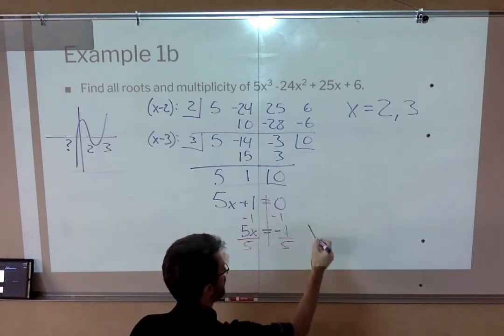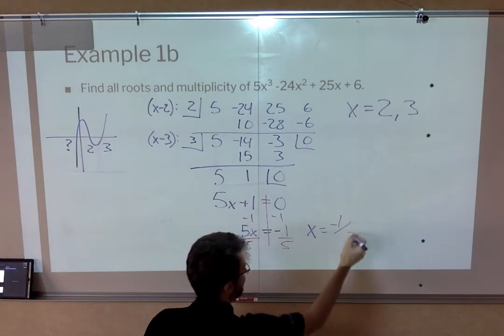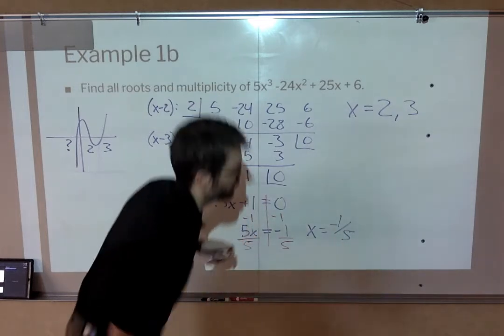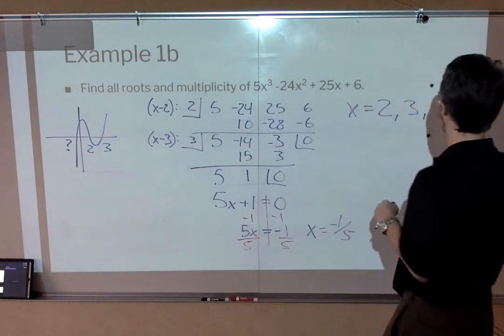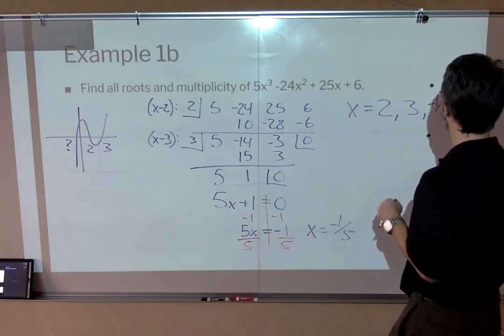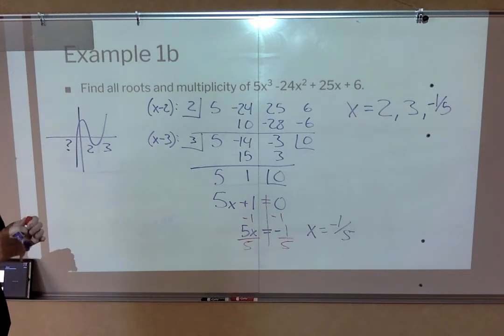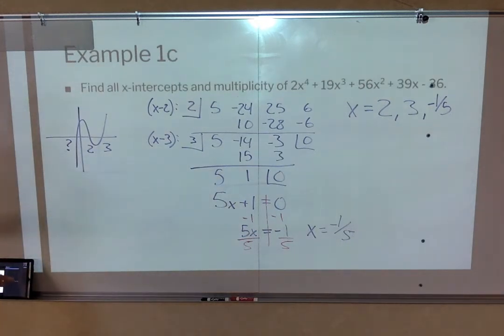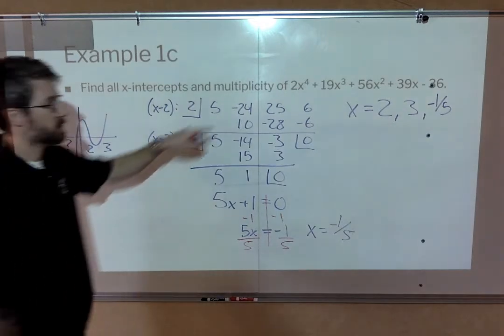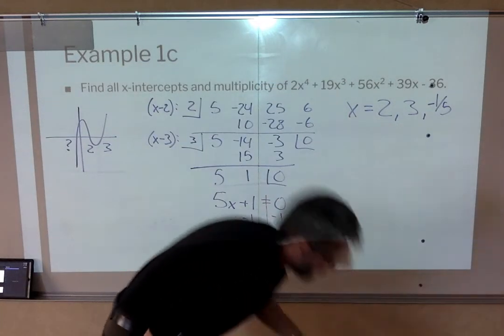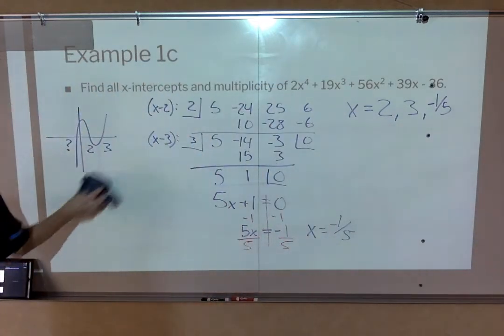We get x is negative 1/5. So 2, 3, and negative 1/5. So no multiplicity yet. Multiplicity with the next one. All right, so the next one. Let's load that up into the graphing calculator if you're following along.